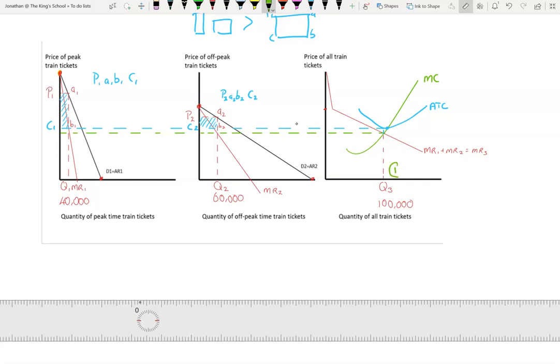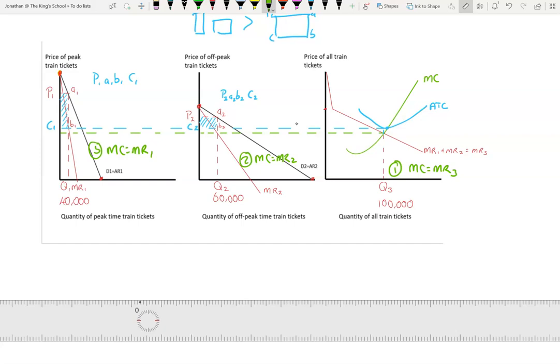So number one, I'd look at the profit maximizing overall amount, MC equals MR3. Number two, I would then say what is the quantity in each market. So I'd talk about MC equals MR2. Three, MC equals MR1.